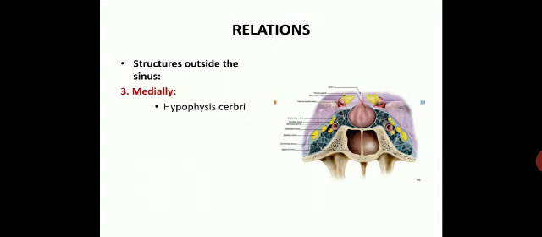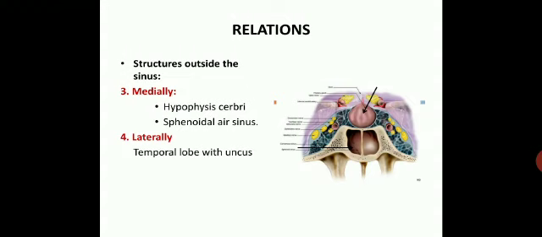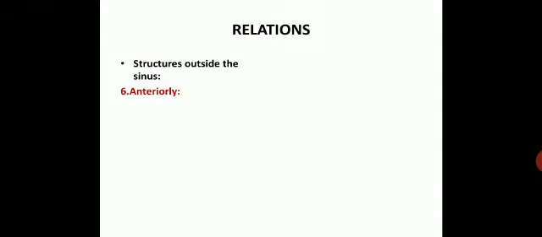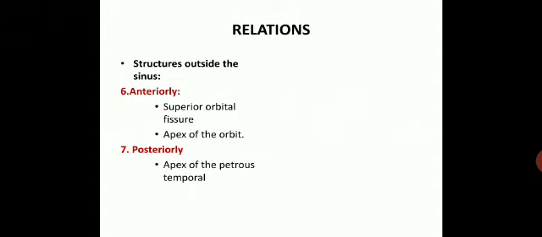Medially, it is related to hypophysis cerebri and the sphenoidal air sinus. Laterally, it is related to the temporal lobe with the uncus, and below laterally it is related to the mandibular nerve. Anteriorly it is related to superior orbital fissure, apex of the orbit, posteriorly the apex of the petrous temporal bone and the crus cerebri of the midbrain.